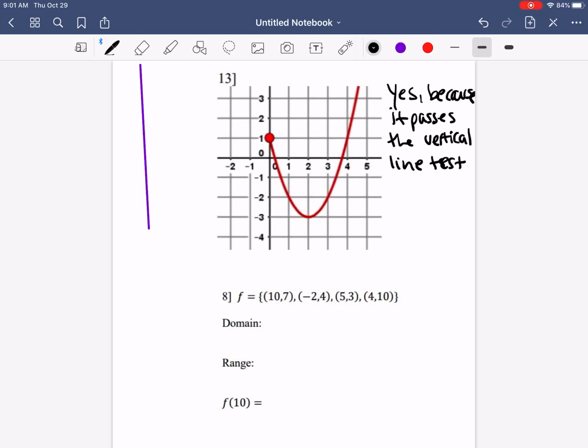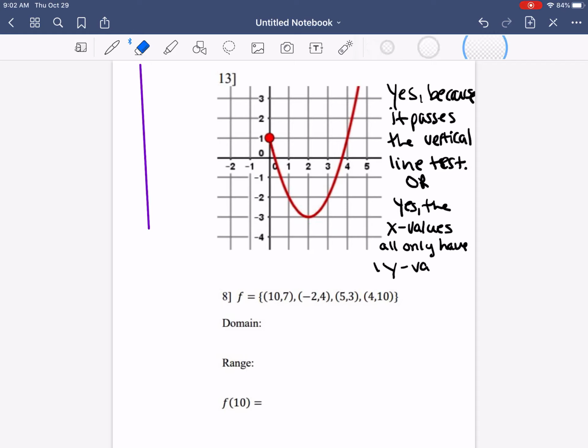So you always have to explain your reasoning. So you could say for a graph it passes the vertical line test, or you could say, yes, the x values all only have one y value.